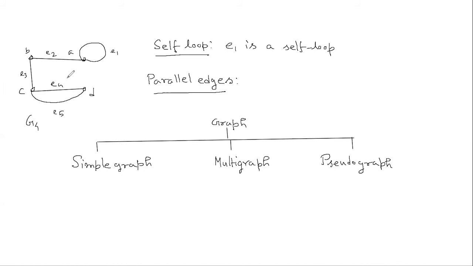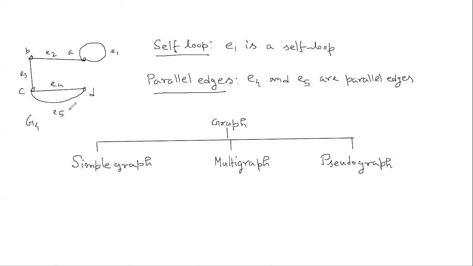If there are two or more edges present in a graph that connect the same pair of vertices, then we say these are parallel edges. For example, in G4 we have E4 and E5 as parallel edges, since E4 and E5 connect the same pair of vertices C and D.